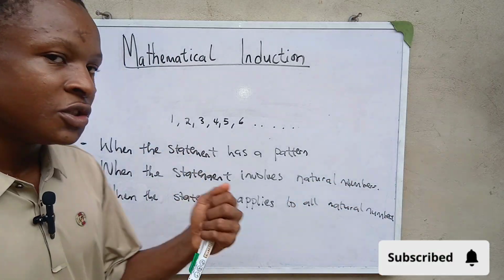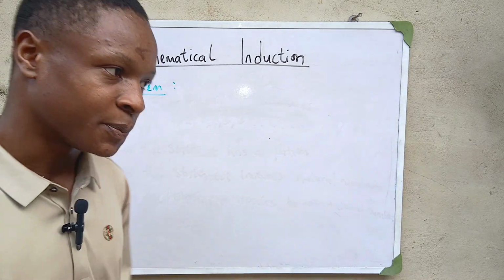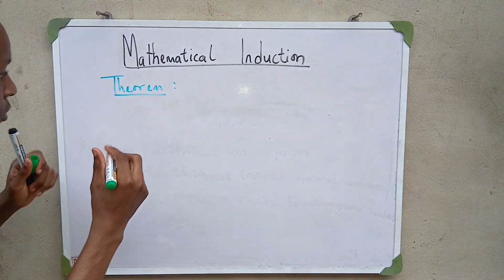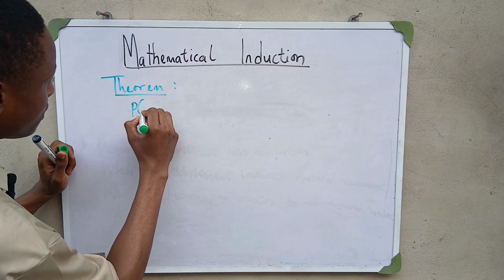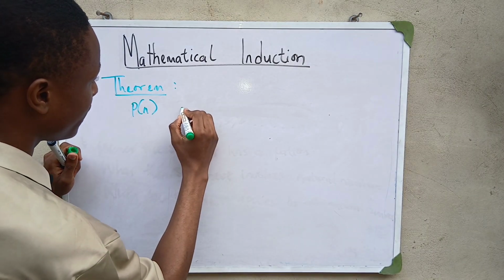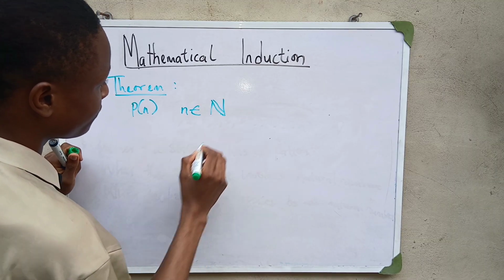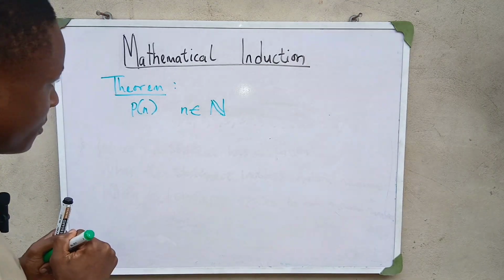Now let's go into the theorem of mathematical induction. The theorem of mathematical induction applies to a statement. Let's call the statement P of n, where n is an element of the natural numbers. That is, n is a natural number.